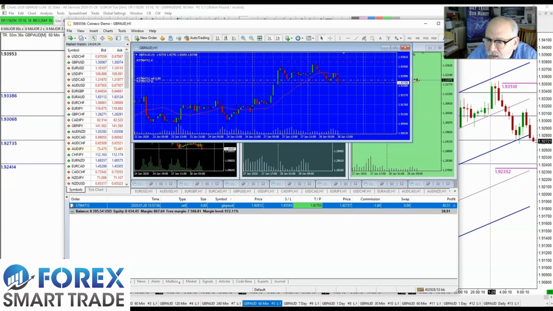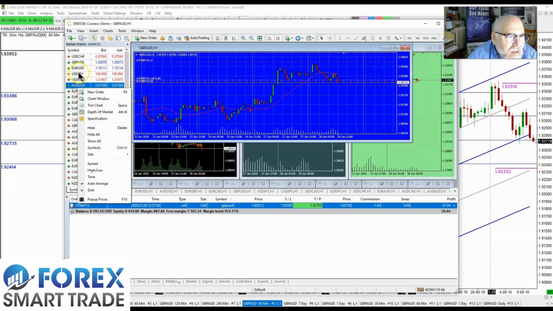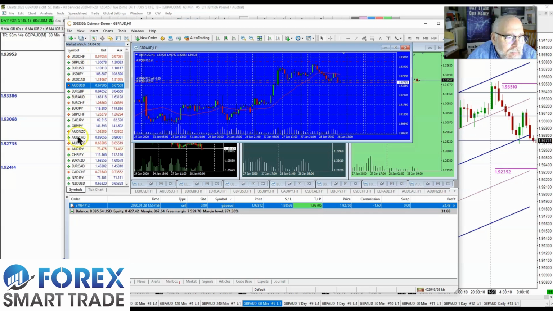Any questions? If you can't find the symbol when you're going to trade it, right click on the market watch and then click show all, and it will repopulate this.